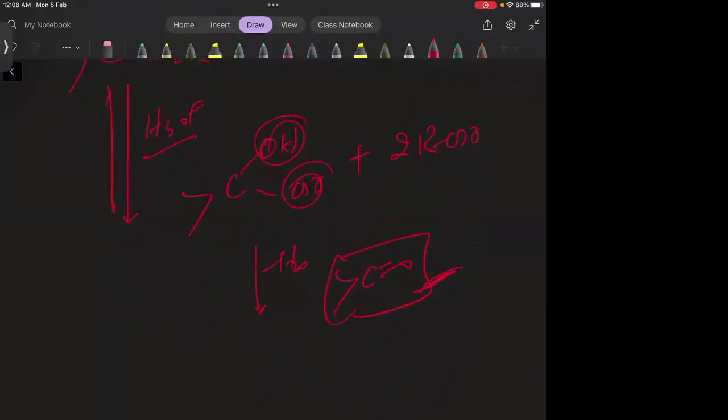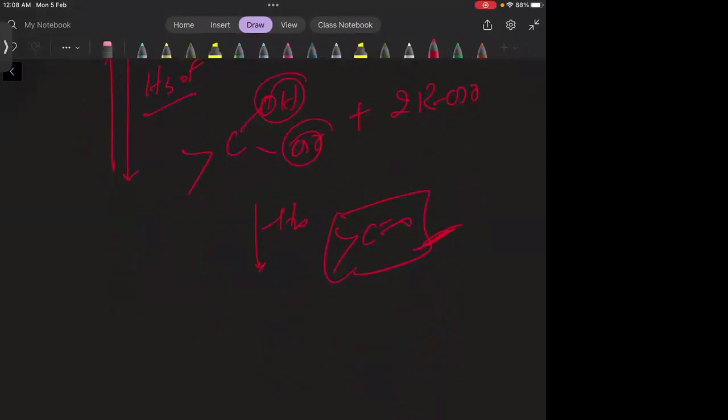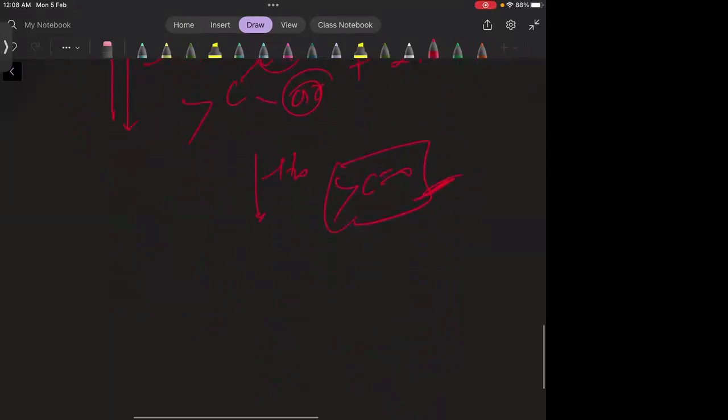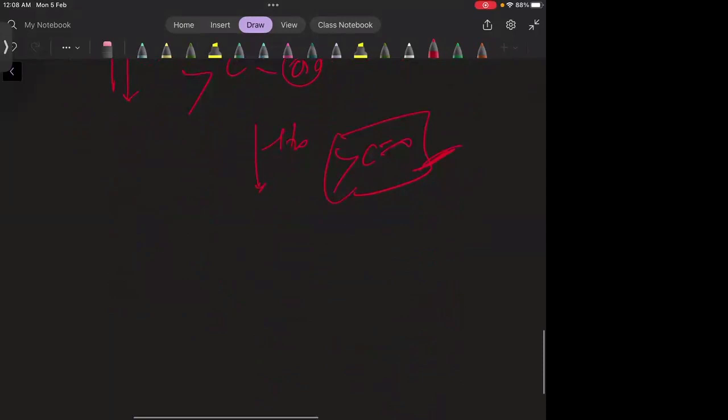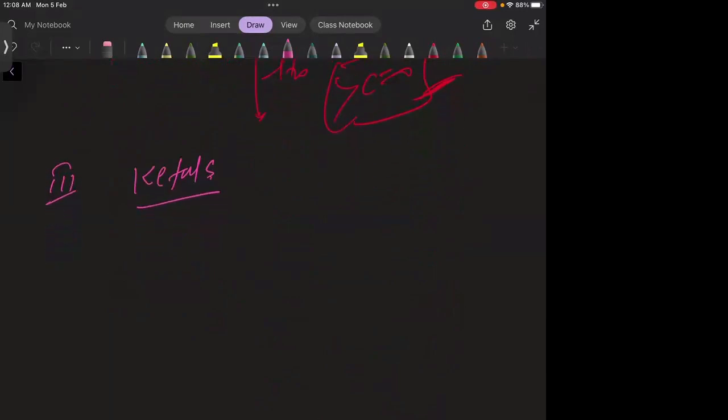And now the most important thing here, students, what I am telling you. See here, the formation of ketals, how to form the ketals. First we have done the hemiacetals, second the acetals, third we are going to understand the ketals. Ketals means when aldehyde and ketones react with ethylene glycol to form a stable compound, which is called ketal.